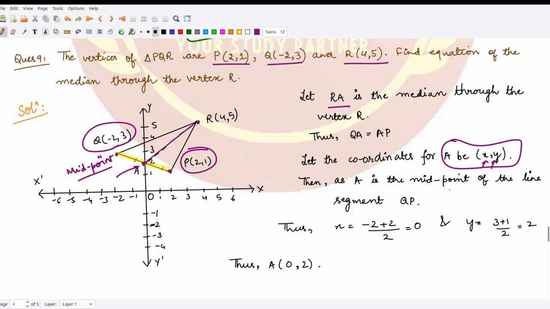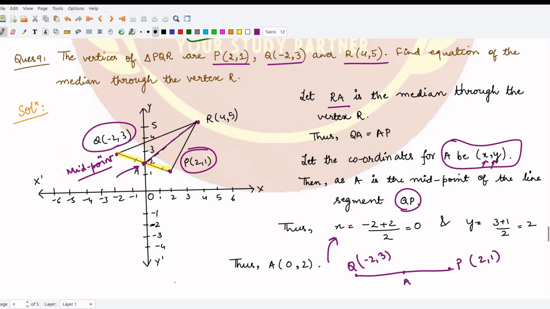If A is the midpoint of the line segment QP, then for X you can calculate the midpoint using the X coordinates of both Q and P. This is your Q, this is your P, and somewhere here you have A. The coordinates of Q are (-2, 3) and the coordinates of P are (2, 1).